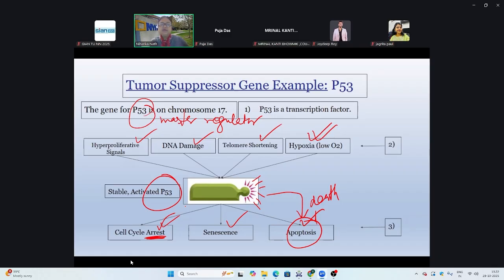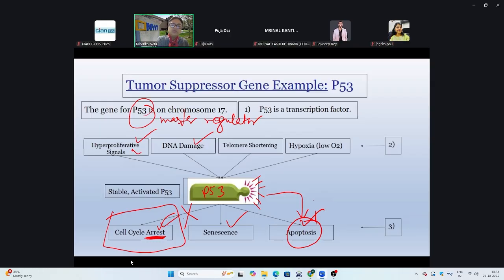And so if P53 is mutated, we have a big problem. Nobody's here to stop anything. DNA damage, who cares? Telomere shortening, who cares? There will be no cell cycle arrest. Too much signals, who cares?